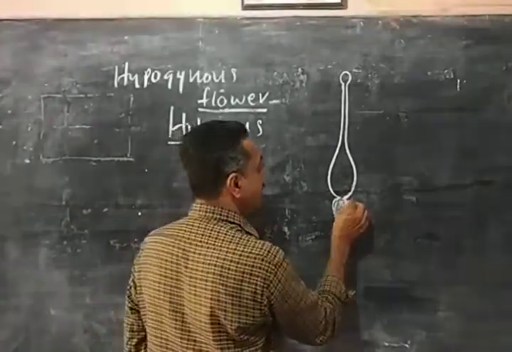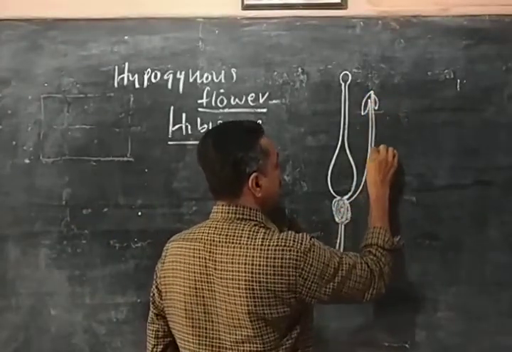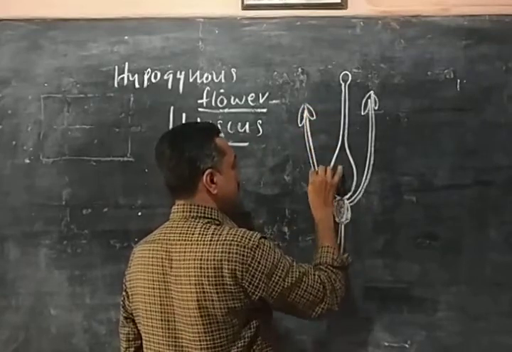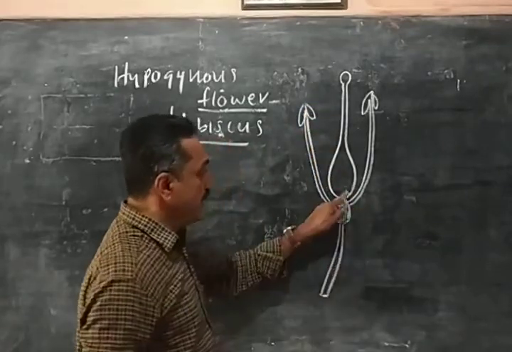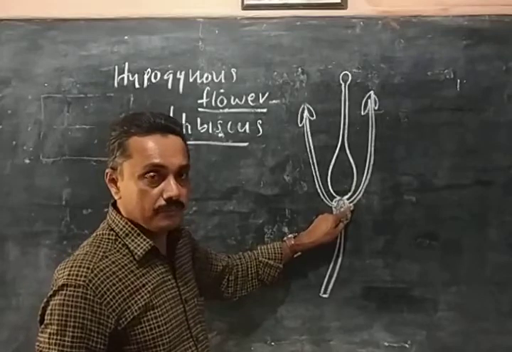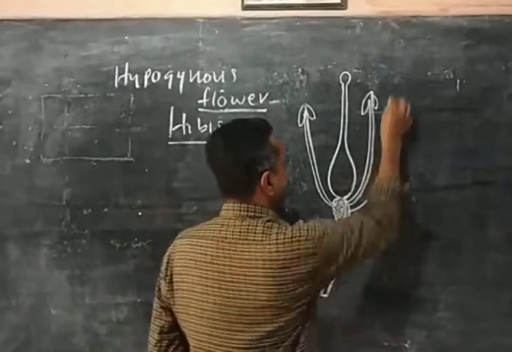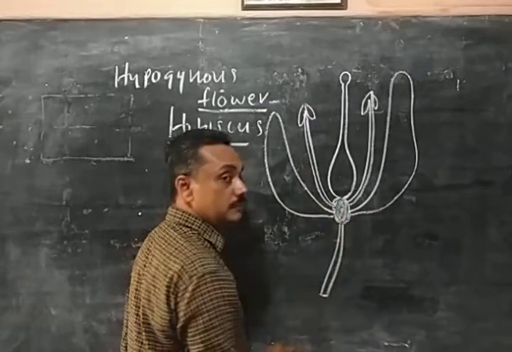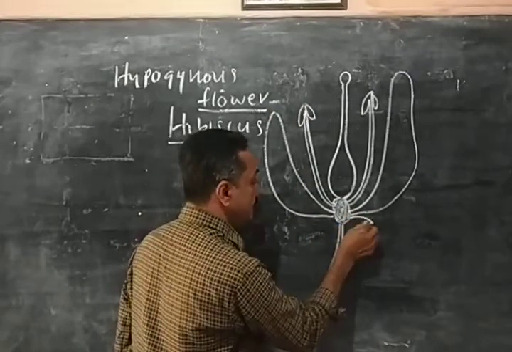Then below that there is androecium. Below that there is a petal. And below that there is a sepal.